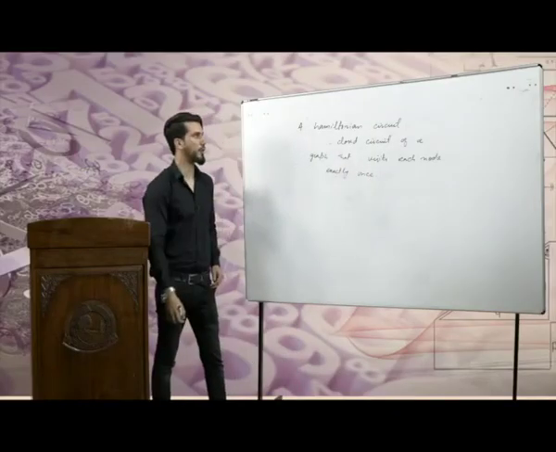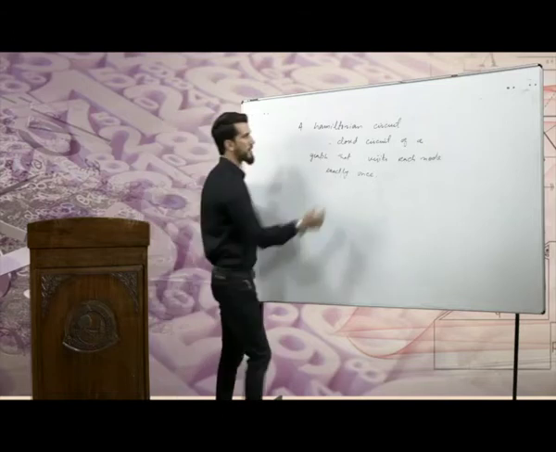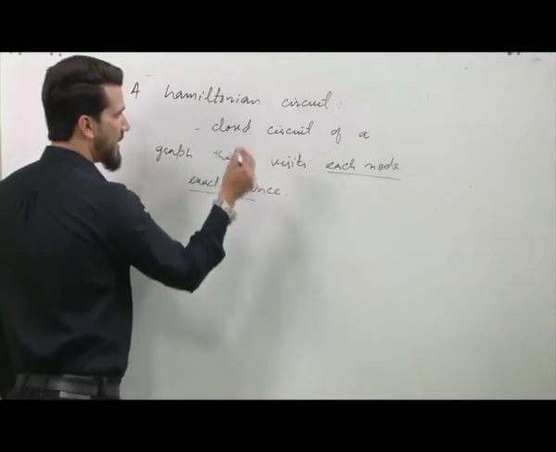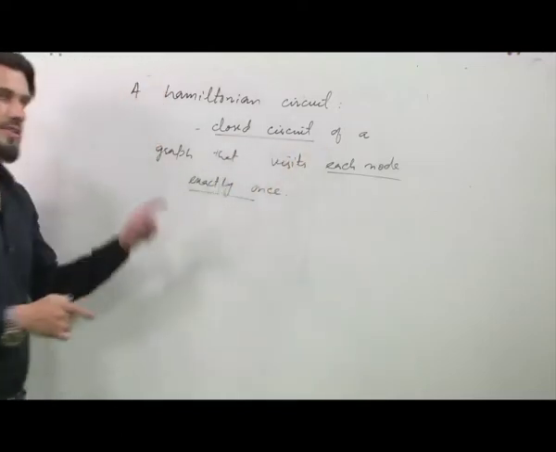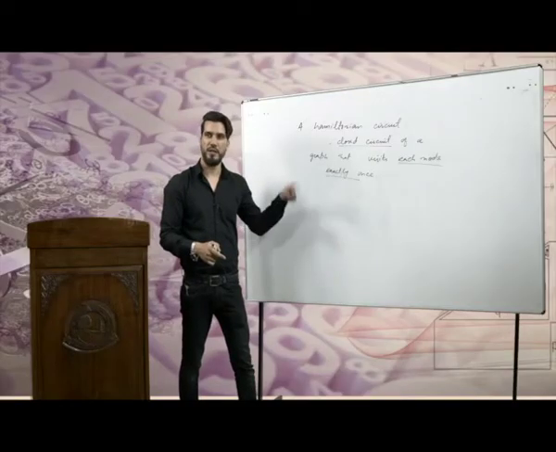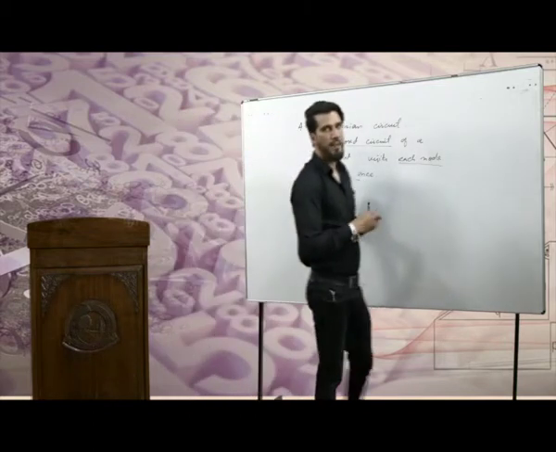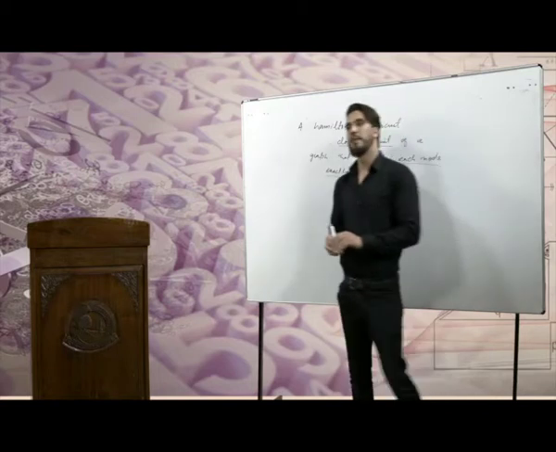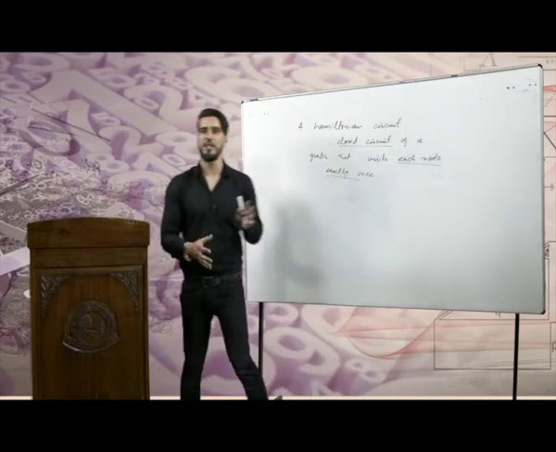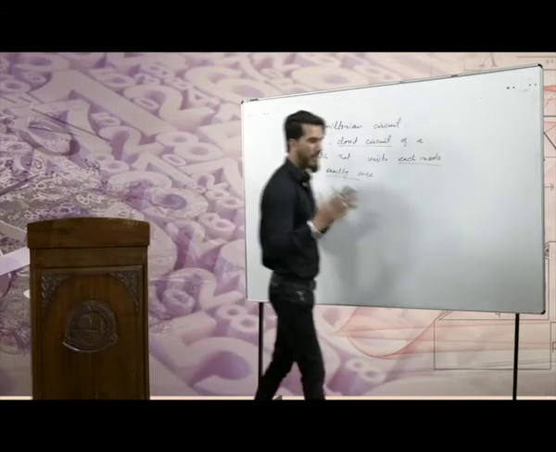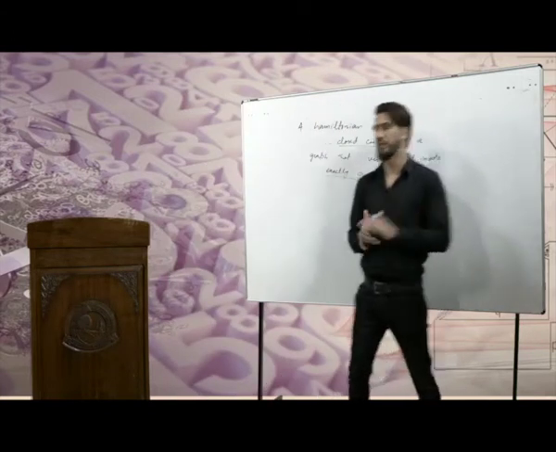This is known as the Hamiltonian circuit. The important thing to understand here is that each node is visited exactly once and it's a closed circuit. That means the starting and the end points are the same. So in general, one more time, the traveling salesperson problem asks us to find the cheapest closed circuit in n number of nodes of a graph.